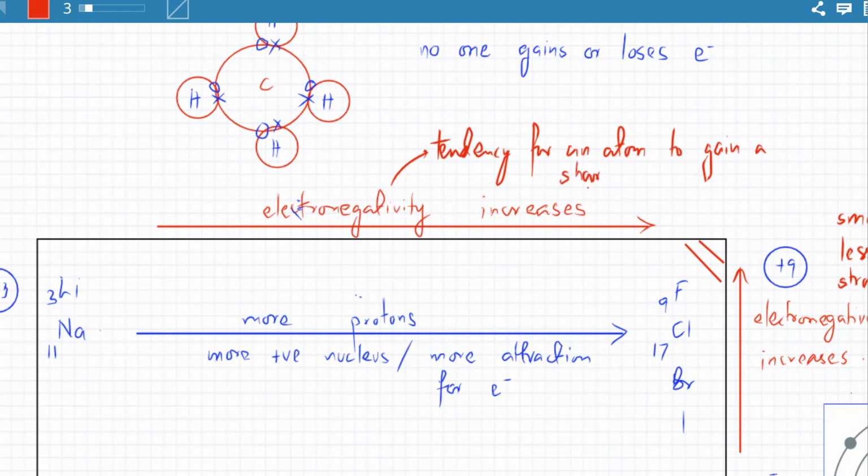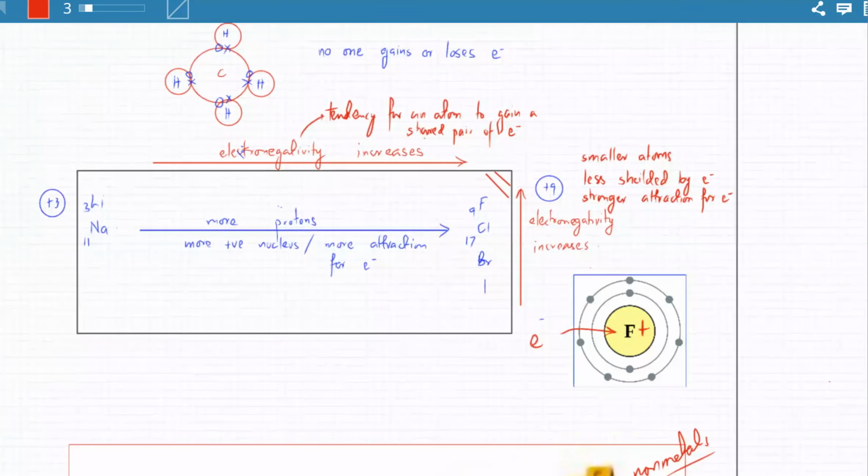No one is going to ask you about the definition in CIE about this, but you just need to know the concept. To gain a shared pair of electrons, or simply the tendency for an atom to gain electrons. Is this clear?